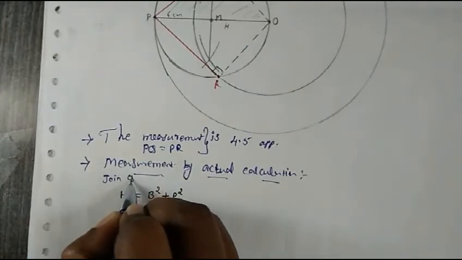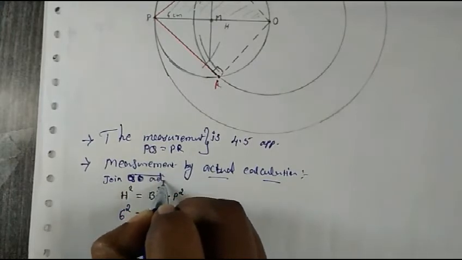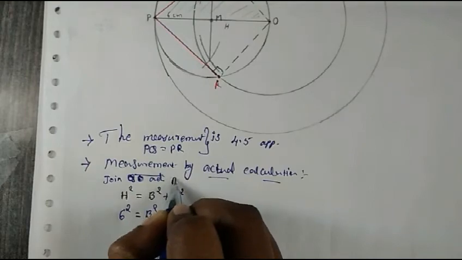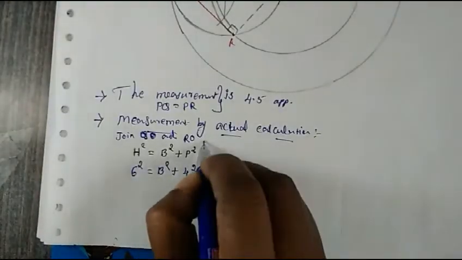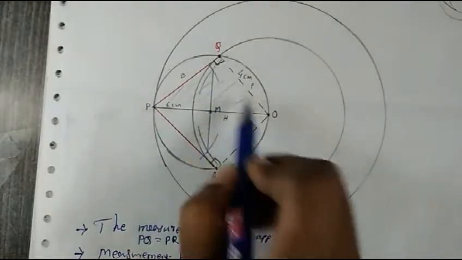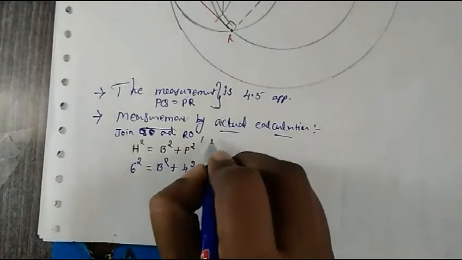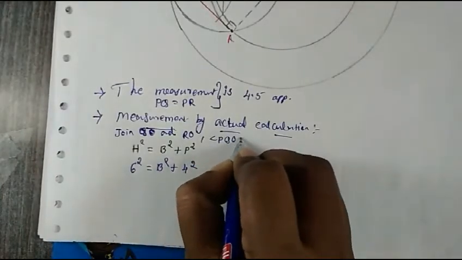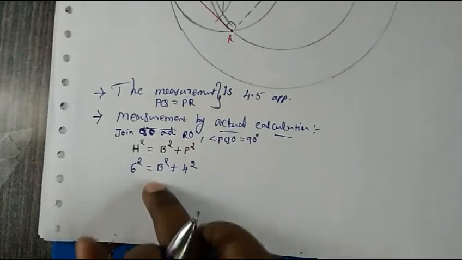Join QO and RO. Then this angle becomes 90 degree, that is PQO, and here PRO. So angle PQO is 90 degree. With that we prove it with the Pythagoras theorem.